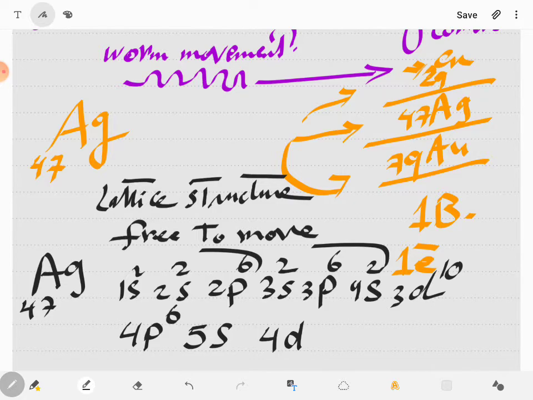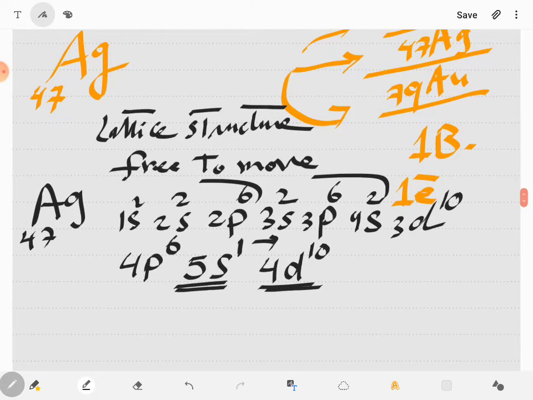You might think I'll put 5s2. No. If I put 2 here, I'd have to put 9 in the d orbital, and there is no d9 stability. So one electron from s will move to complete the d orbital, so it will be 4d10 and 5s1.